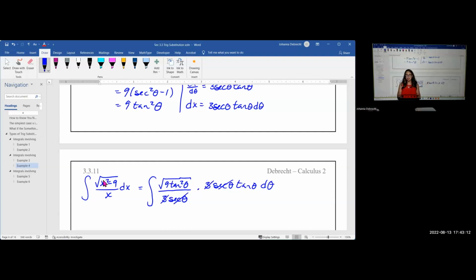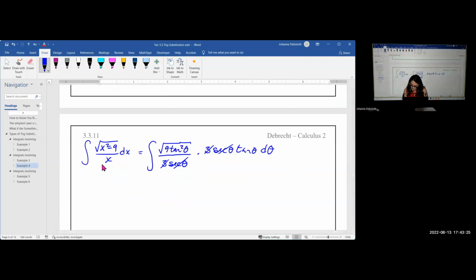And since it's an indefinite integral, we'll just have to assume that it turns out to be a positive tangent of theta. And so then we have 3 tangent of theta times tangent of theta d theta, which gives us 3 tangent squared of theta d theta.